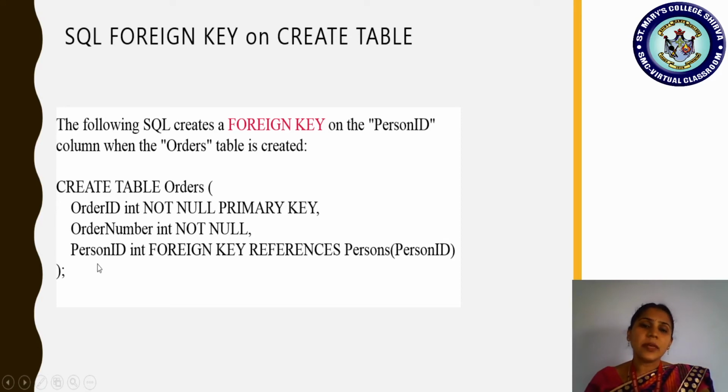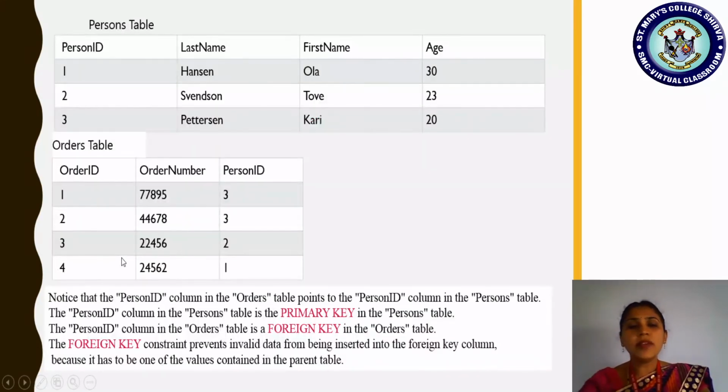In the person table, what is the attribute name? Primary key name is what? Person ID. In the foreign key also we are taking the same name. Here person ID, here also person ID. No issue. You can refer the same name, or else here you can also give something like PID.